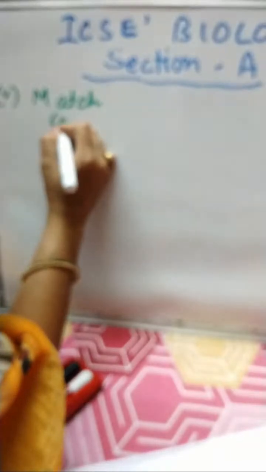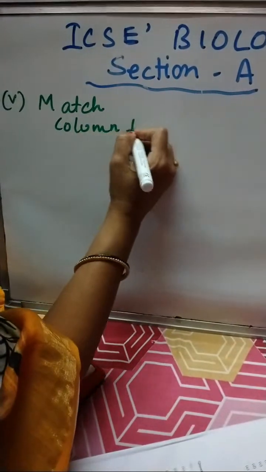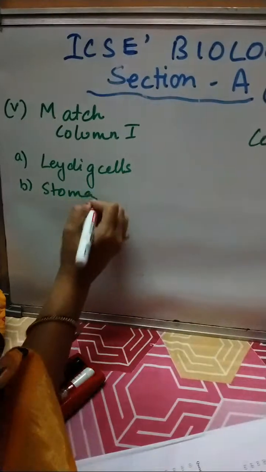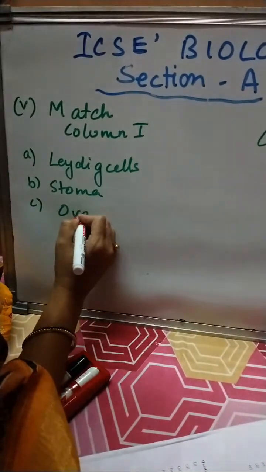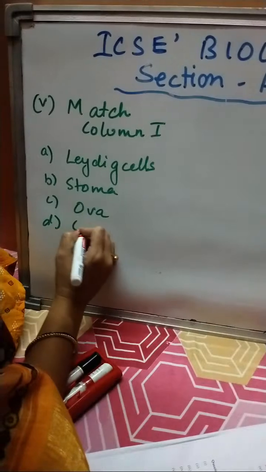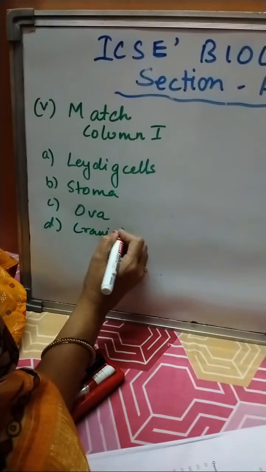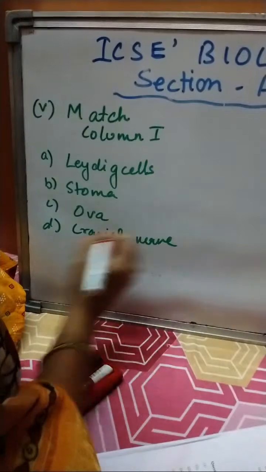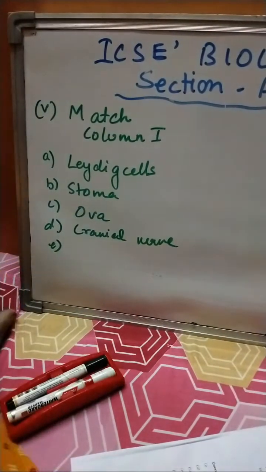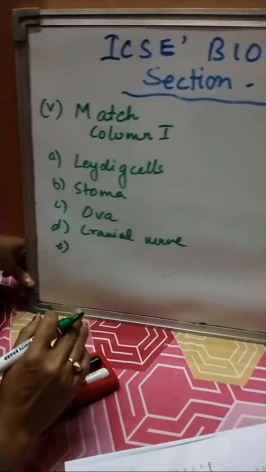Column 1, column 2. Starting with the first one, Leydig cells, then B, stoma, writing the question first, C, ova, D, cranial nerve, E, cretinism.